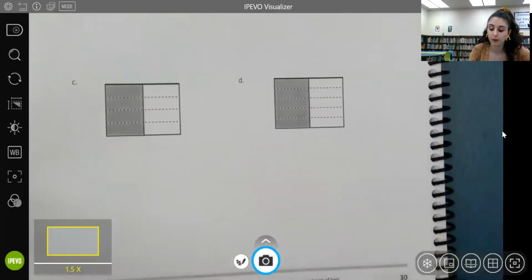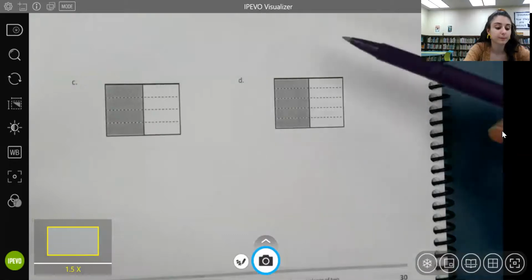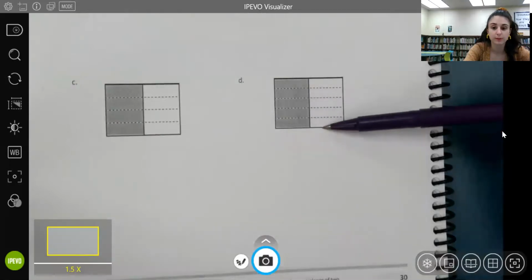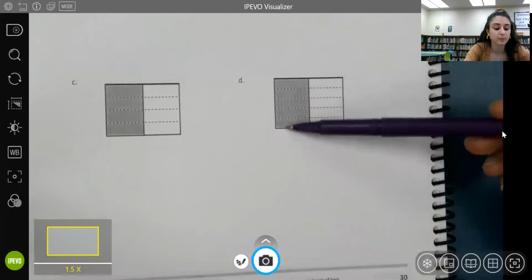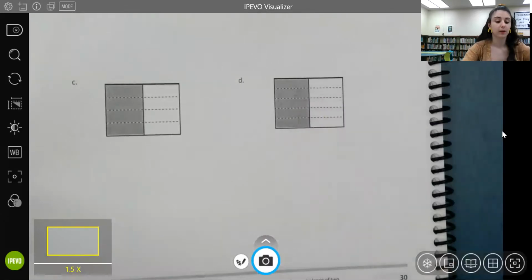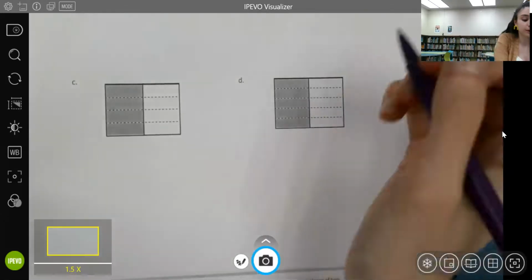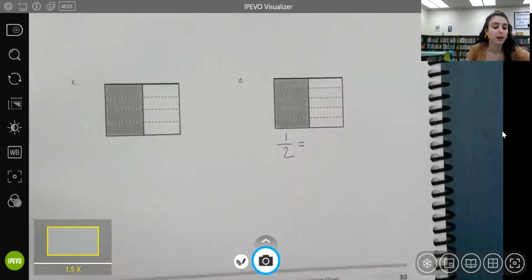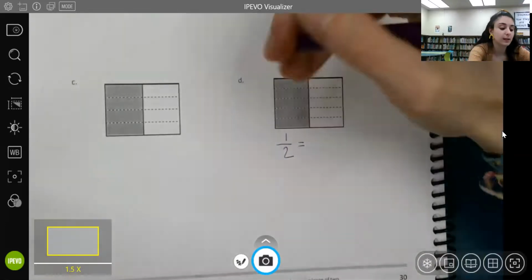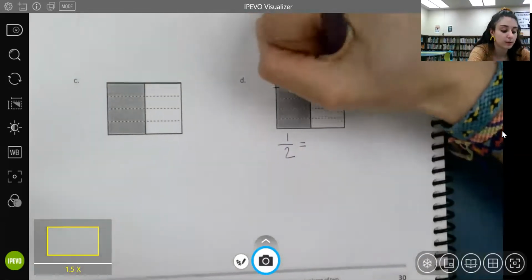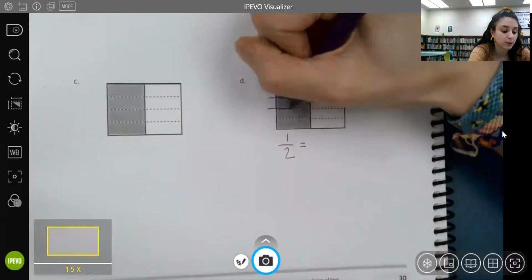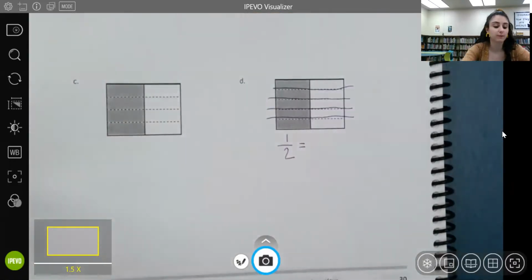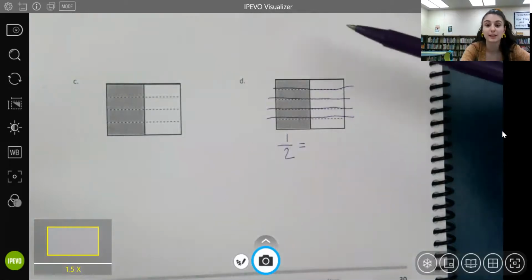Again, we have our tape diagram, which is showing 2 boxes, and 1 is completely shaded in. So we're again starting with 1/2 equals, and this time we're cutting it 1, 2, 3, and 4 times to make the boxes even smaller.